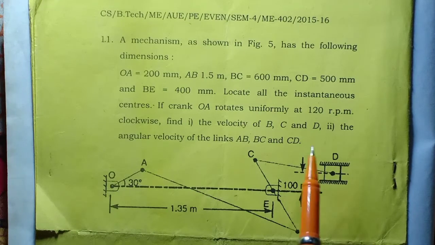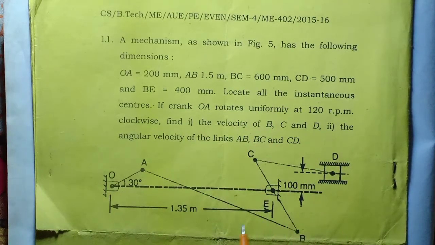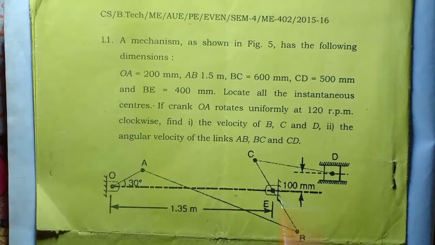Now to solve this type of numerical, we need to draw this diagram first. Unless we draw this diagram, we would not be able to find out the instantaneous centers. So let's draw this diagram.